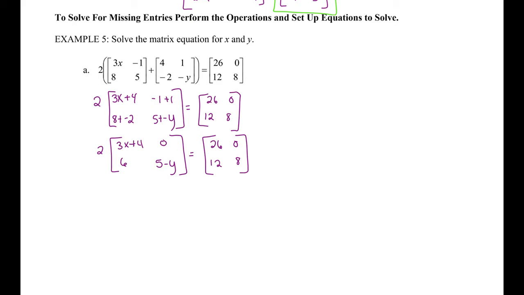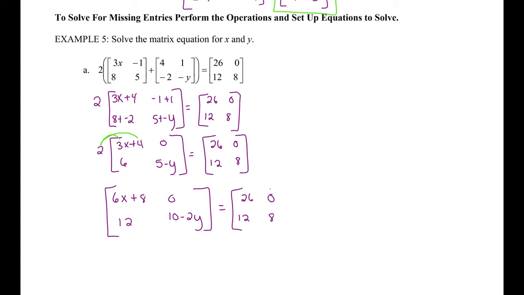When you multiply it by the first entry, make sure that you're multiplying both of the parts by 2. So this becomes 6x plus 8, 0, 12, and then again multiply 2 by both parts, 10 minus 2y. And this is still equal to the 26, 0, 12, and 8.